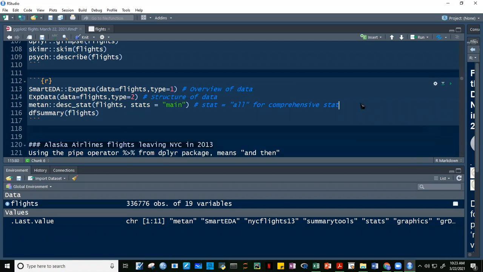Stats is equal to main. Okay, good. So when you're having difficulty with a package, with the function, balikan niyo yung package kasi may mga instructions doon. Okay, good. Thank you, guys. So let me run that also.